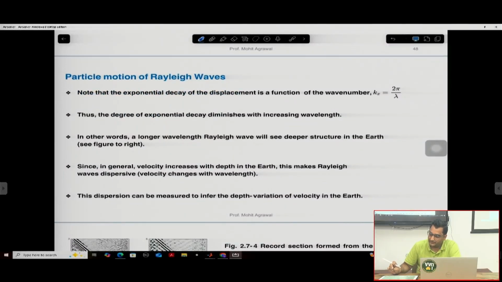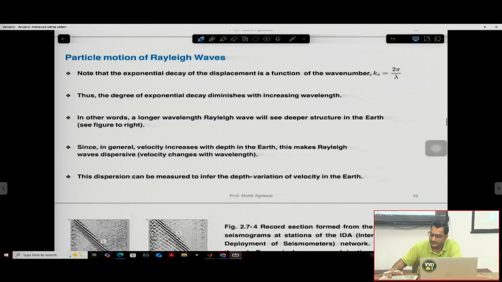Now we are starting the particle motion of the Rayleigh wave. There is an exponential decay of the displacement, because we can write the harmonic equation in terms of the exponent, and the decay is a function of wave number.